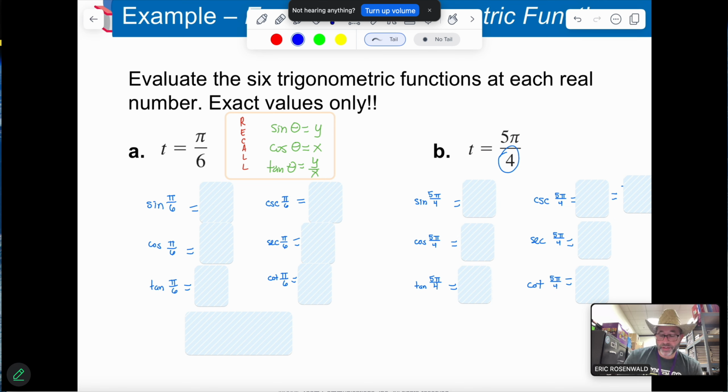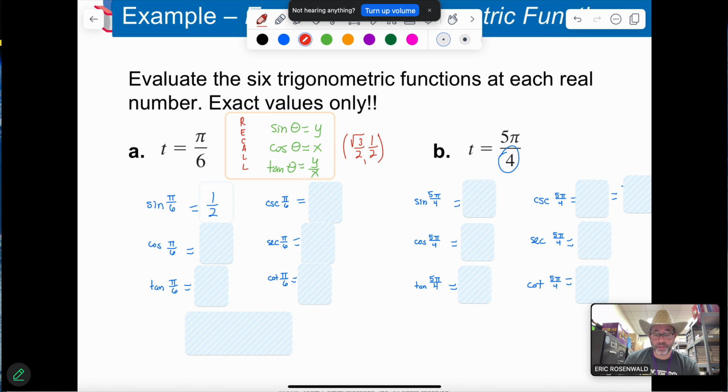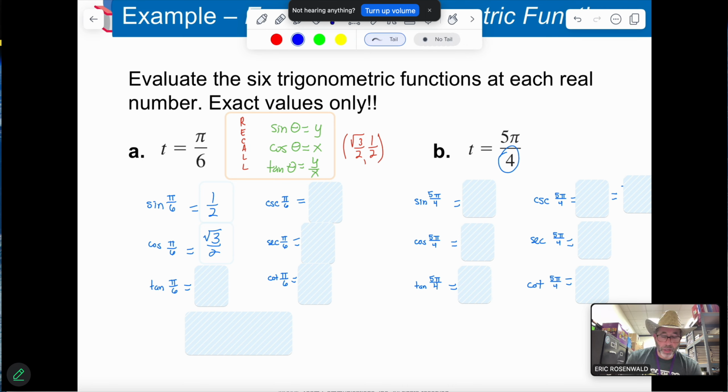So when we're talking about the sine of pi over 6, here's what we're referencing. At pi over 6, the coordinate is going to be root 3 over 2 and then 1/2. So if I say, what's the y value there? It's just 1/2. What's the x value? It's root 3 over 2. Now when I do the tangent, this one's a little wonky. We're going to take that 1 and the root 3 and focus on those.